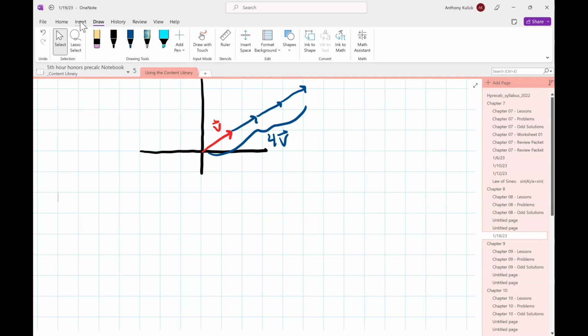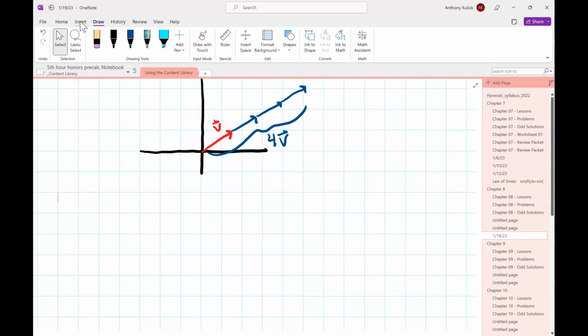So 5 minus 4 is the same thing as 5 plus negative 4. Now 4 and negative 4 have a relationship to each other. We call them additive inverses, because when you add them together, we get the identity element, which was 0.